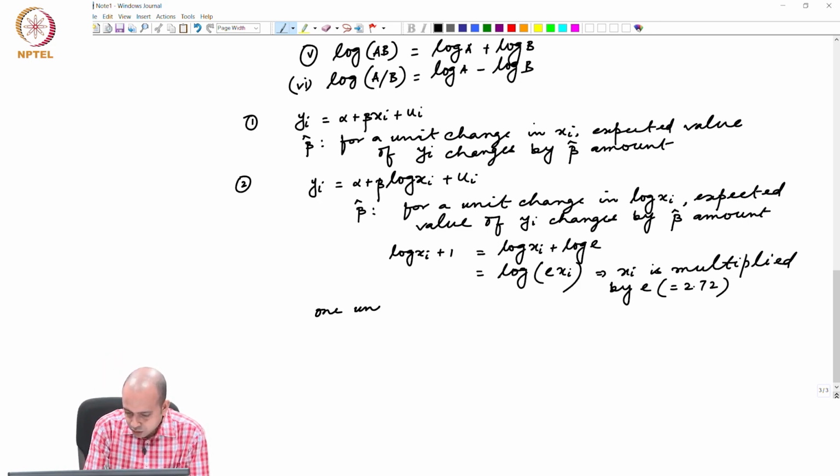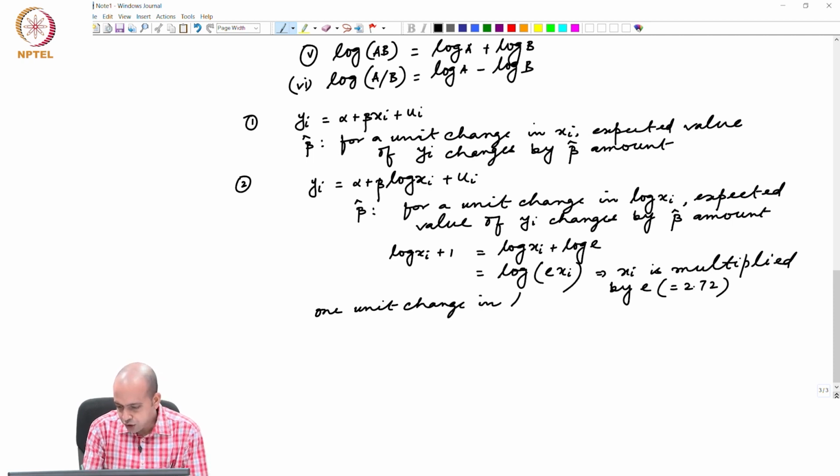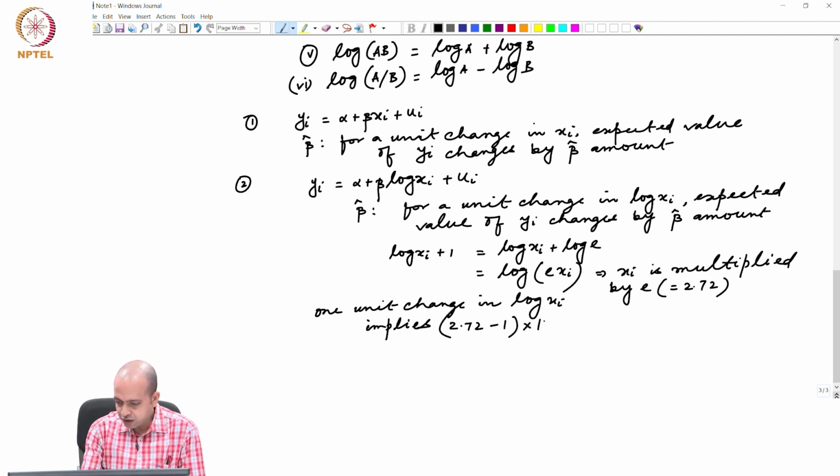So, 1 unit change in log xi implies (2.72 minus 1) into 100 percentage change in x.